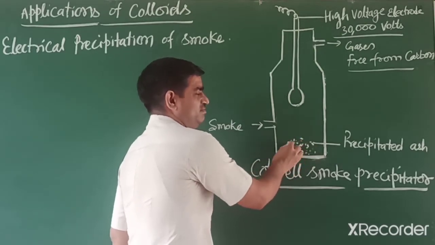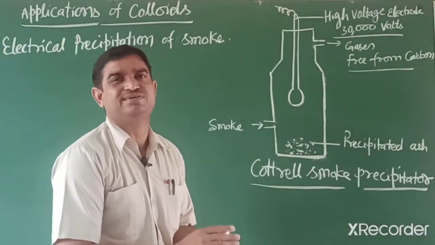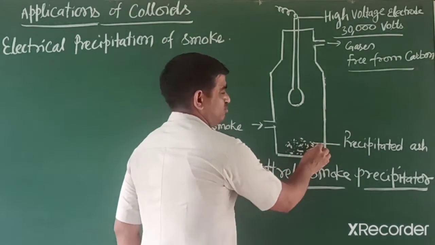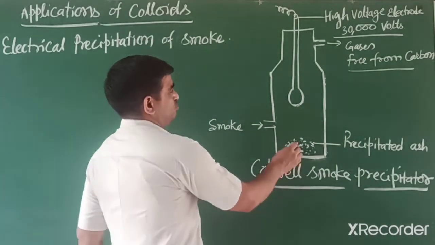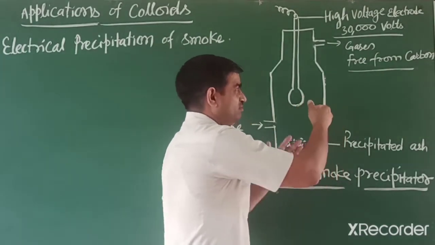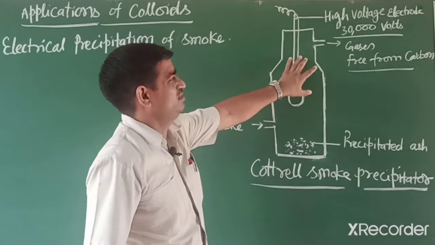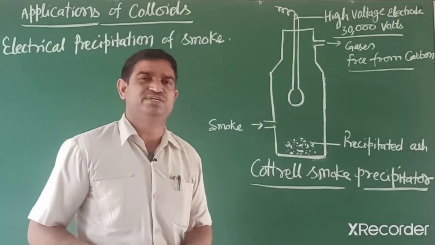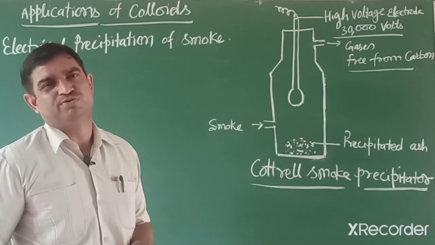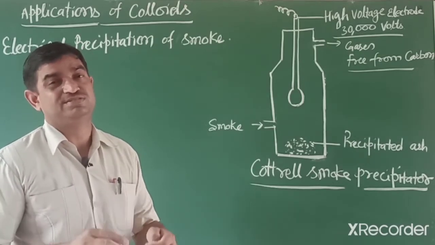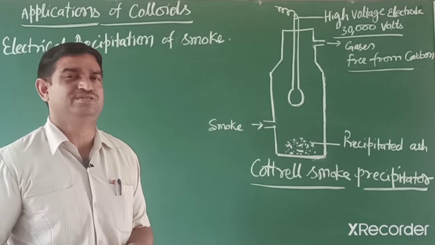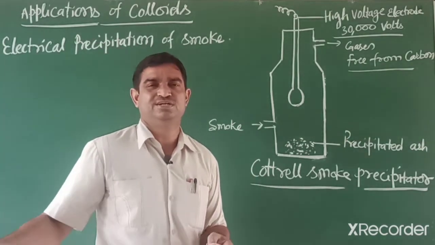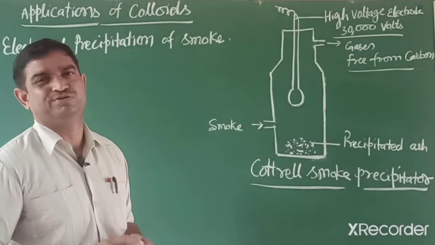We can use that for making filter ink and printer ink, other work also, making charcoal also. So then the gas released from the industry is free from carbon. That is known as the Cottrell smoke precipitator, used in industry, but a disadvantage of this precipitator is that it requires very high voltage and a high amount of current. A general person can't stop that pollution.